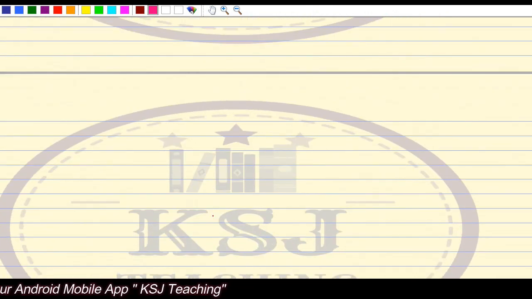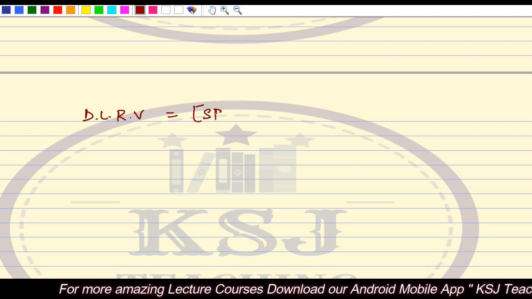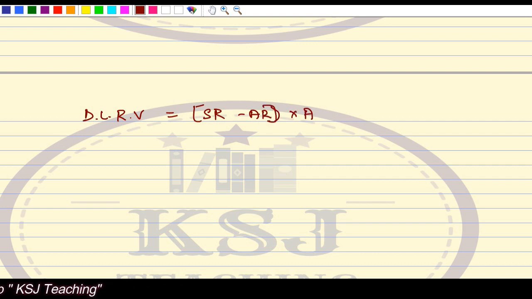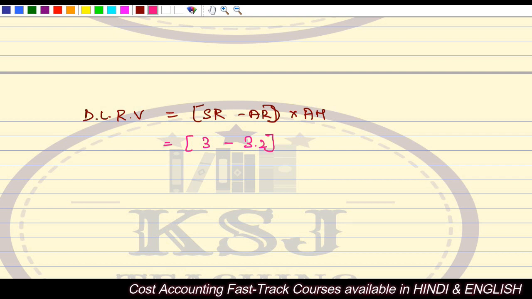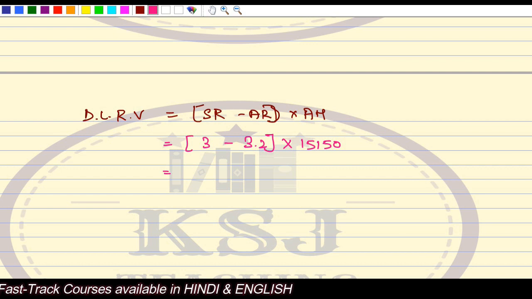After that, direct labor rate variance, that is standard rate minus actual rate multiplied by actual hours. My standard rate is 3 minus actual rate is 3.2 multiplied by actual hours, that is 15,150. So this comes out to 3030 adverse.